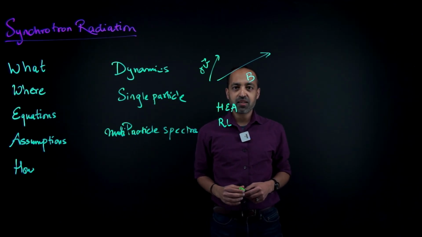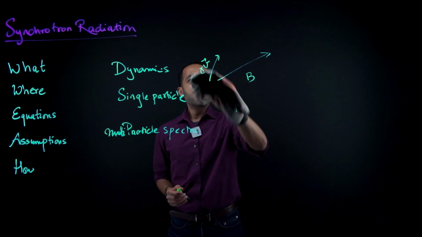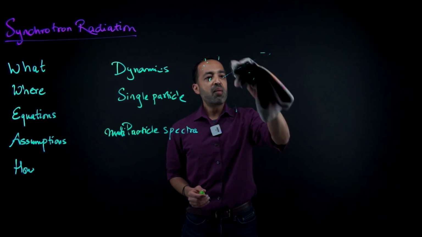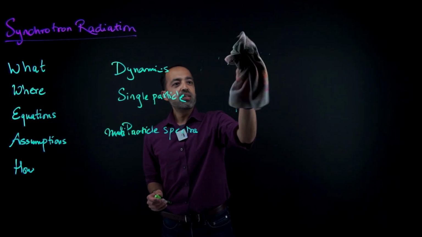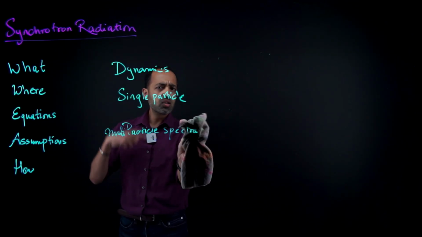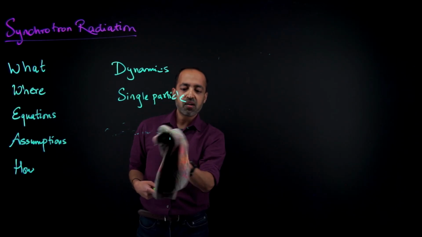We're going to start with the dynamics of synchrotron radiation. So when we're talking about dynamics, we are talking about what happens to this charged particle as it goes around this magnetic field. We'll see that it makes ellipses or a circular motion or spiral motion. We'll derive the radius of curvature of that spiral motion.